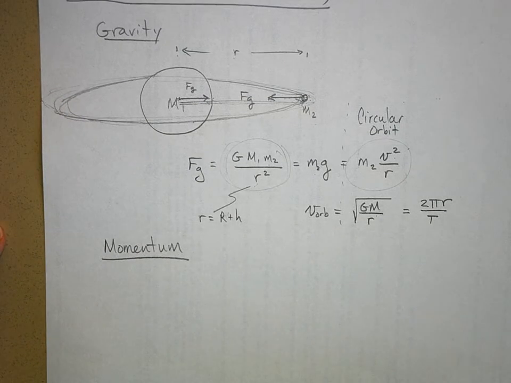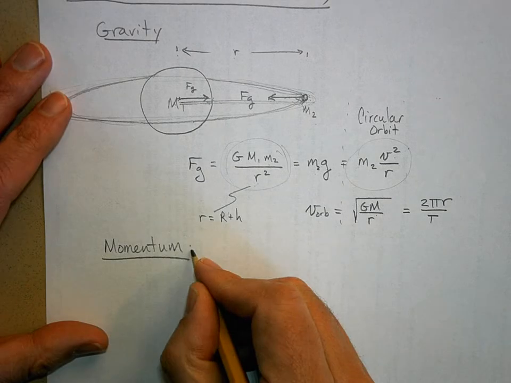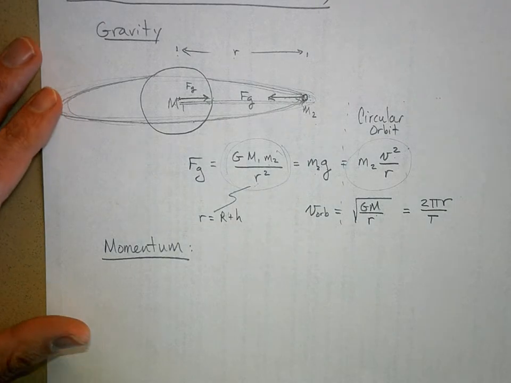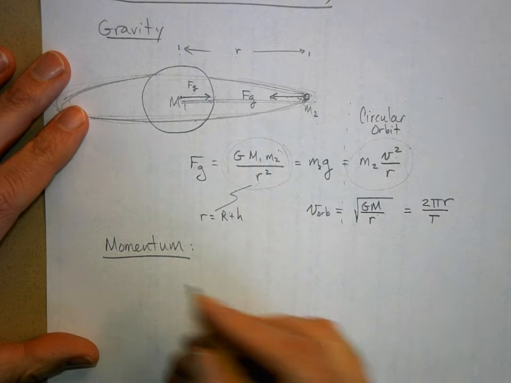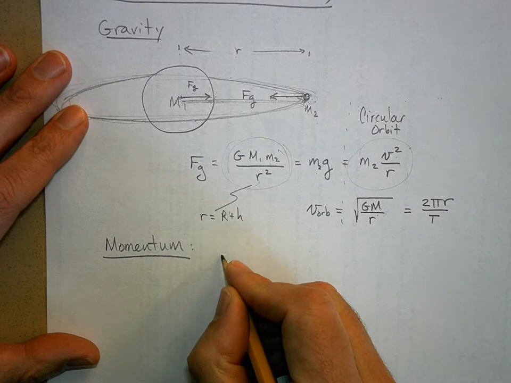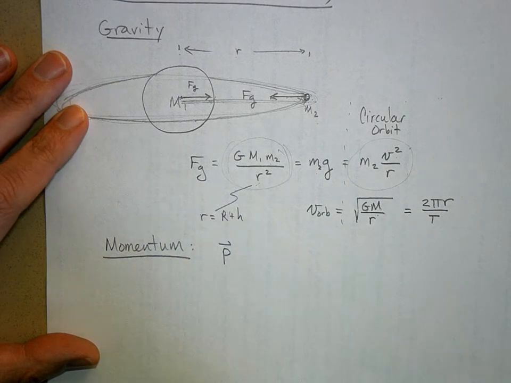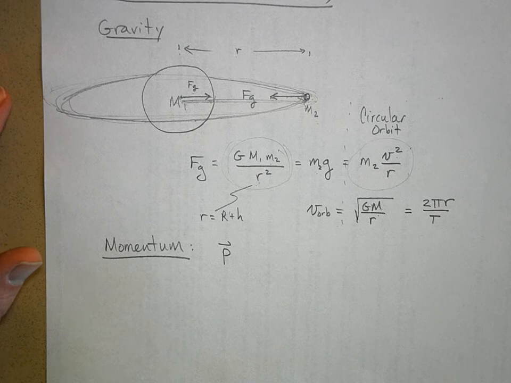The definition for momentum. What is momentum? It's a measure of how much stuff is moving. It's a measure of the quantity of motion. And we use the letter P to represent, lowercase p represents momentum.